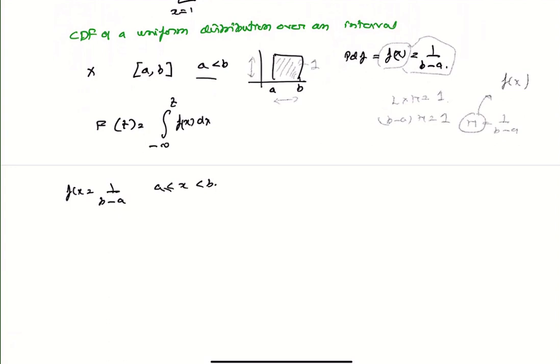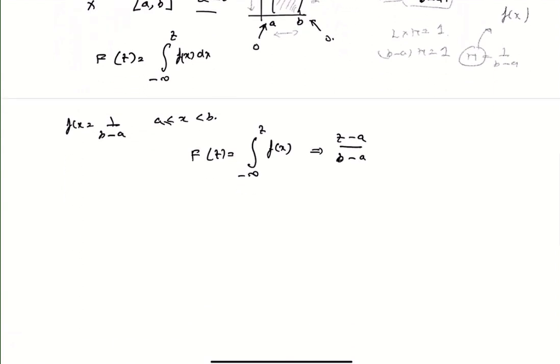And we also know that f of x is going to be 0 for values less than a, and it's also going to be 0 for values more than b. So F of t, the integral from negative infinity to t of f of x, will come out to be t minus a upon b minus a.